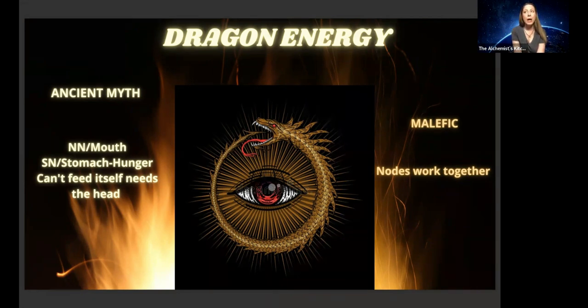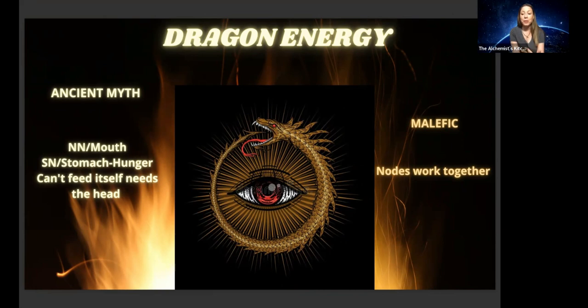And the reason why is because if these points are out of balance, they can actually cause a lot of chaos. They can cause a lot of frustration. They can cause a lot of inner and outer turmoil if we do not properly heal this nodal axis, because you want to understand that the nodal axis is something that needs to be healed.